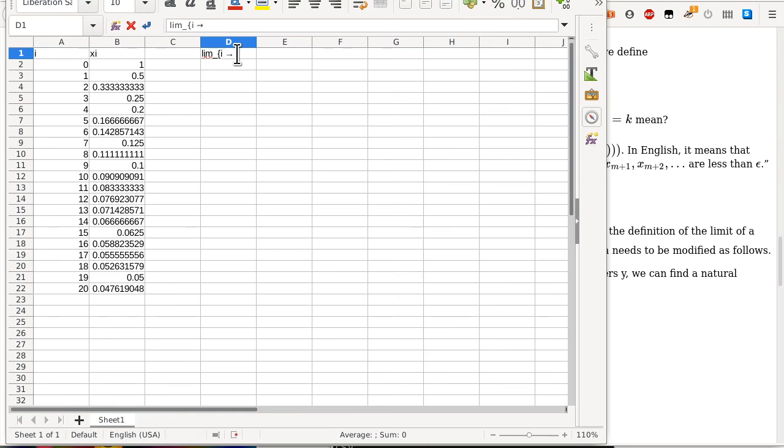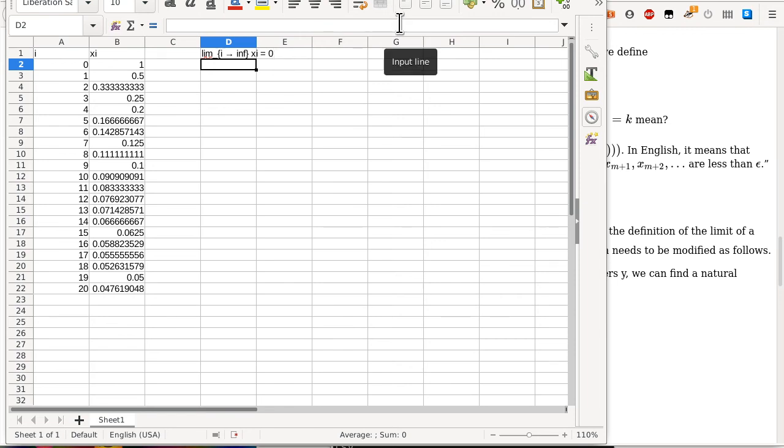So we are saying that I approaches infinity, and then you look at x of I, and I claim this is 0. So k is 0 in this case. As I approaches infinity, the limit of this sequence is 0.